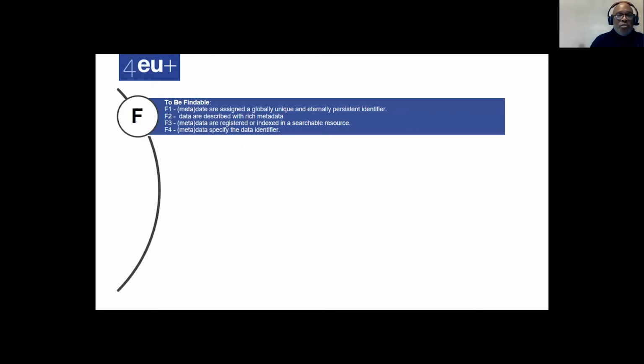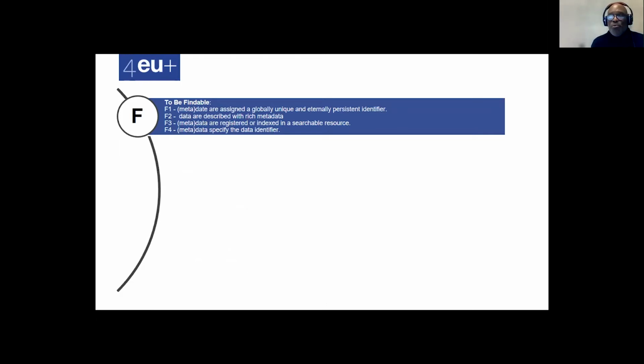As I said, there are 15 different assets as it relates to the FAIR data principles. The F, with the 4 assets, to be findable: F1, metadata is assigned a global, unique, and eternal persistent identifier.